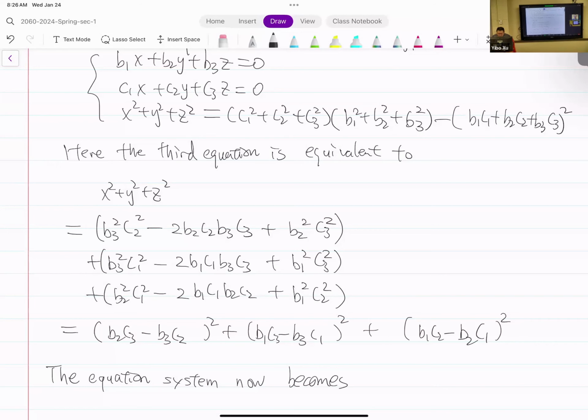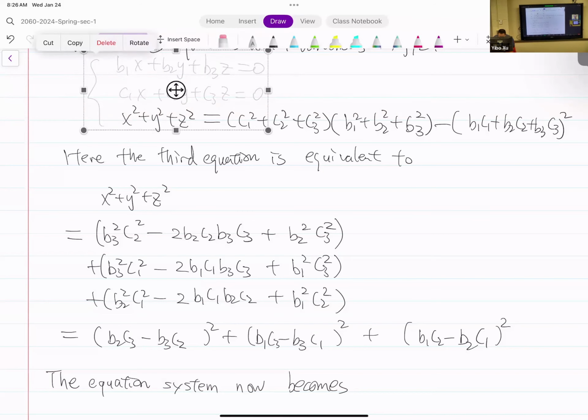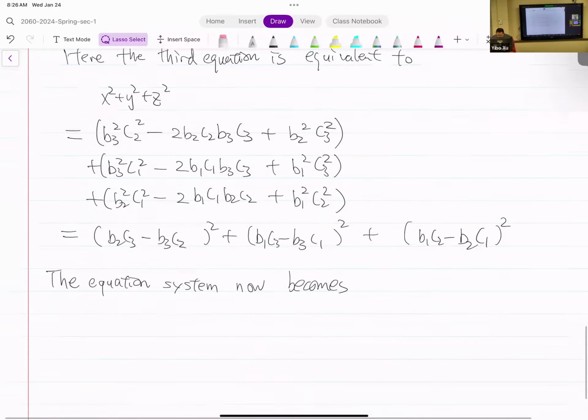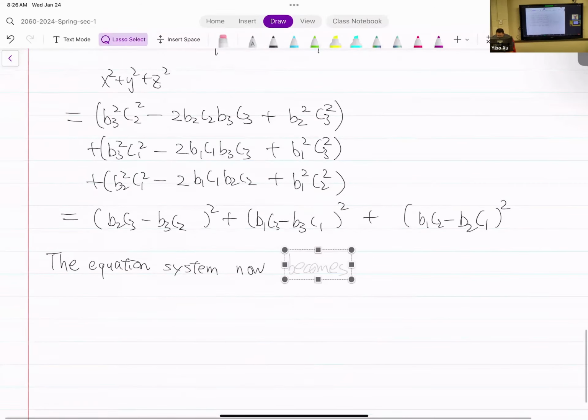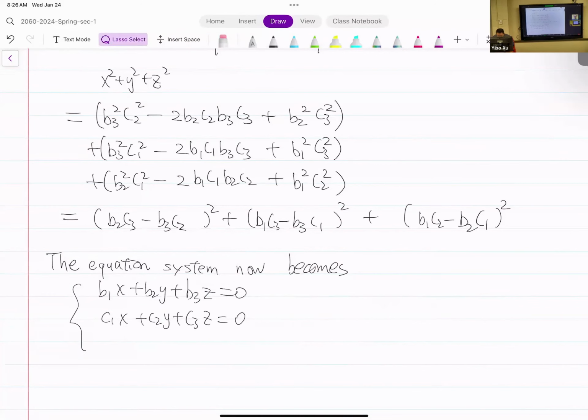So we just put the things together. We have the first two equations and the last one that's somehow simplified or rewritten at the top of this page. So I'm just gonna cheat a little bit by copy and pasting. And the third equation is going to be the sum of squares.